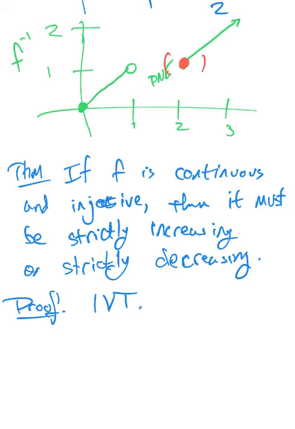So our previous theorem said if you are strictly increasing and continuous, then your inverse is continuous. You might wonder, what about the inverse of continuous functions that aren't strictly increasing?